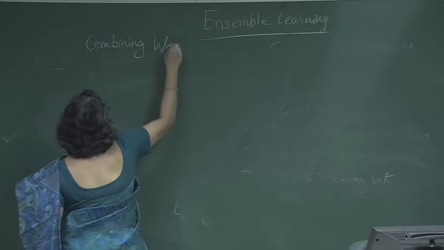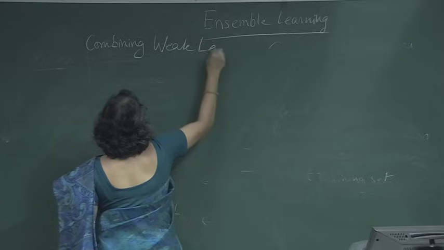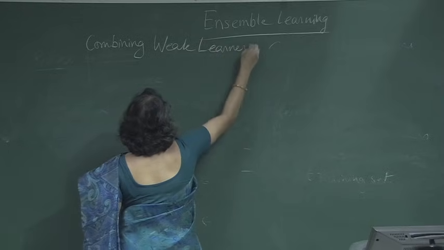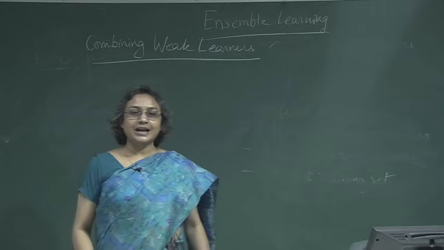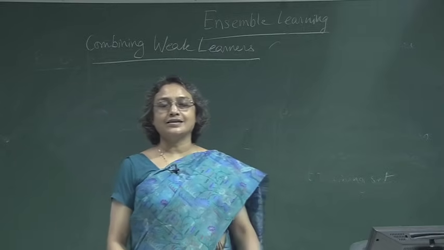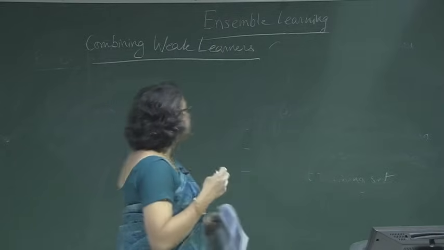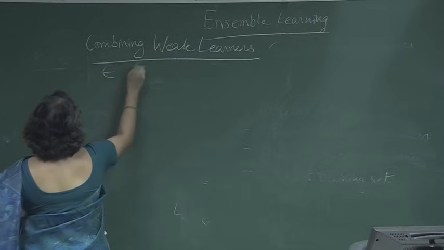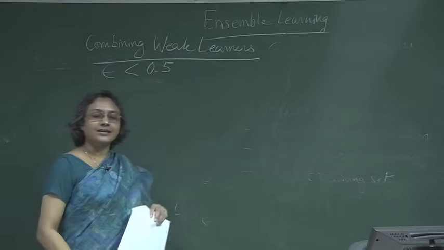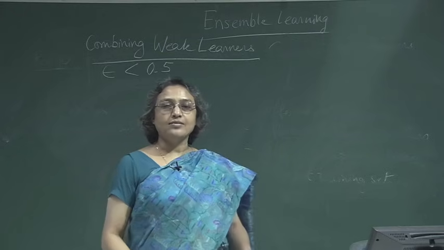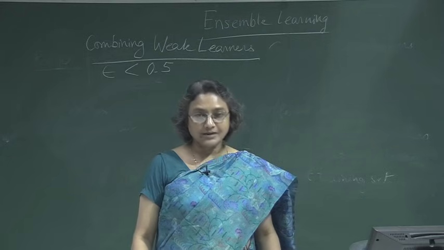A learner is weak if its error is high, but error must be less than 0.5. But if error is not very low, we can say it is a weak learner.